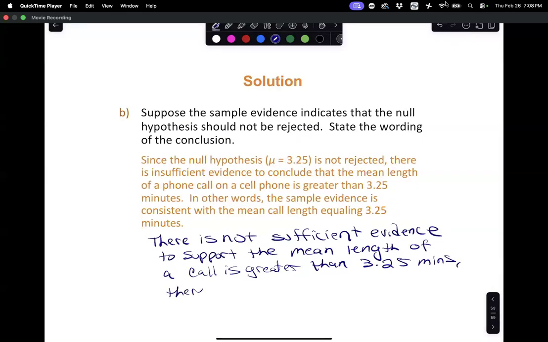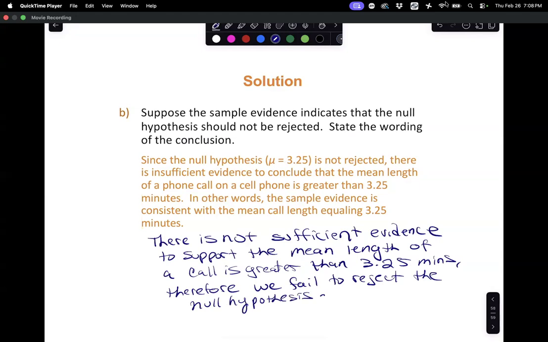Therefore, we fail to reject the null hypothesis. Bam. That's it.